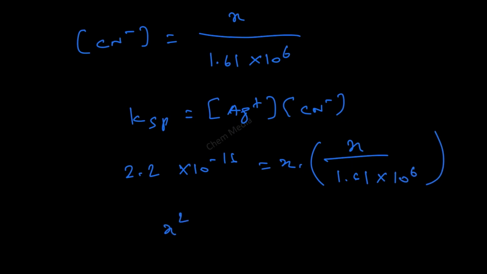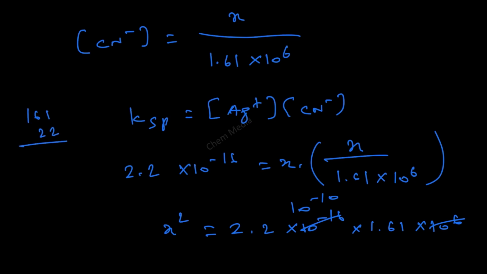Therefore, X square is equal to 2.2 times 10 to the power minus 16 times 1.61 times 10 to the power 6. So, therefore, this will become 10 to the power minus 10 and 161 times 22.